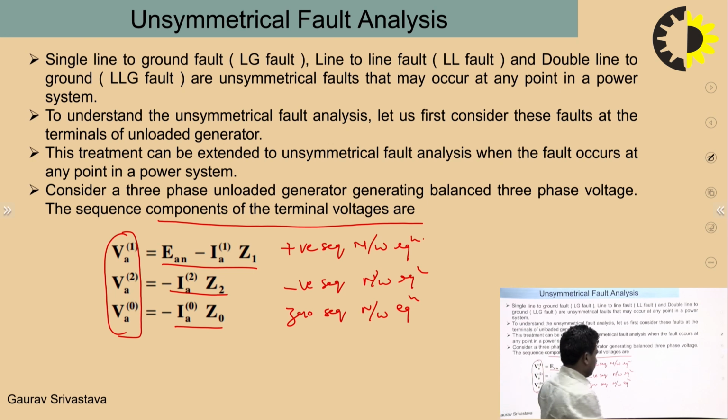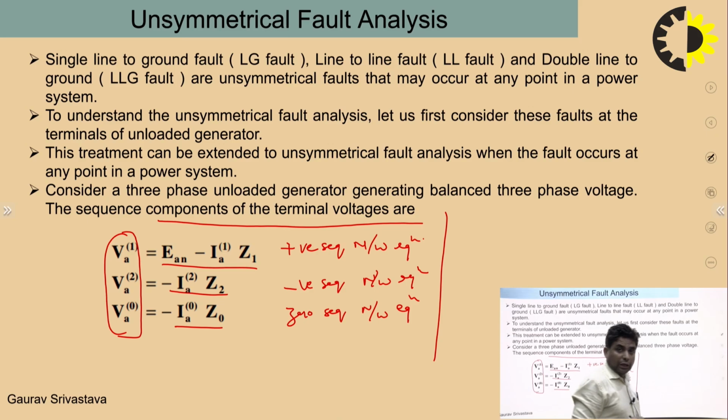We have discussed that in the positive sequence network there is an EMF available. Otherwise, in the negative and zero sequence networks there are no voltage sources available, but current is available in terms of the negative sequence current and the negative sequence impedance.